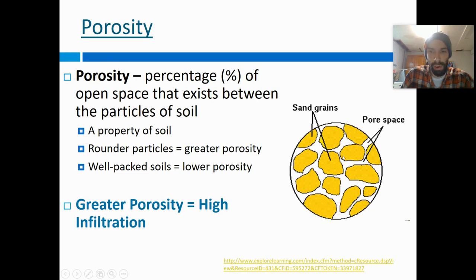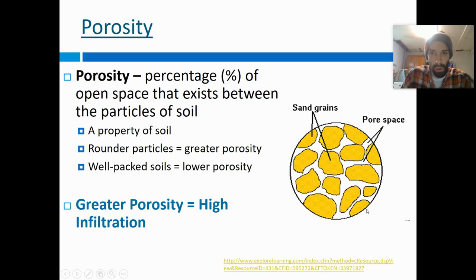So it's referring to this open space here. It's essentially a percentage of this entire thing that is pore space. Naturally, if there's no water present, the pore space is filled with air. We can calculate how much pore space there is, and we're going to do that tomorrow.